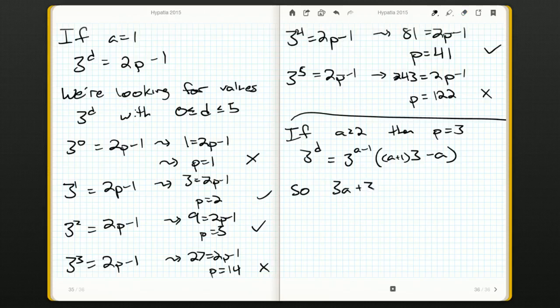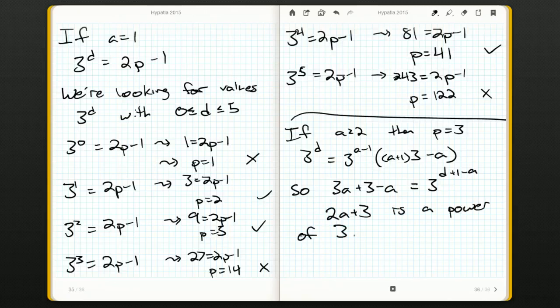So 3A plus 3 minus A is equal to 3 to the D plus 1 minus A, which is a power of 3. Okay, so 2A plus 3 is a power of 3. That's fine with me.